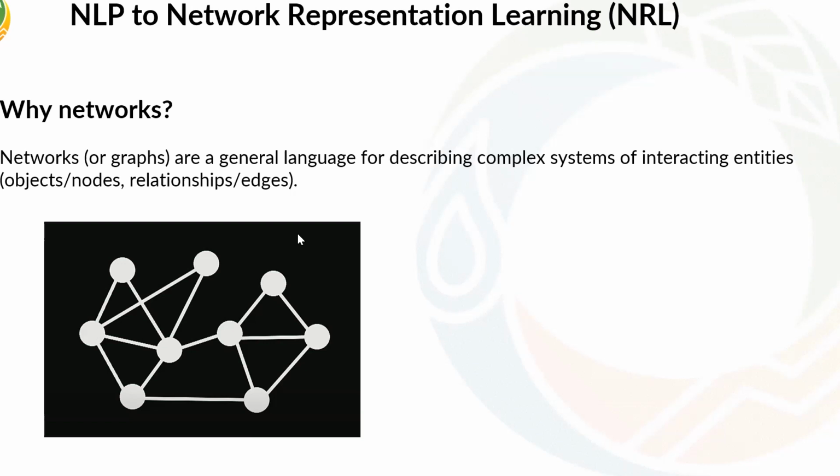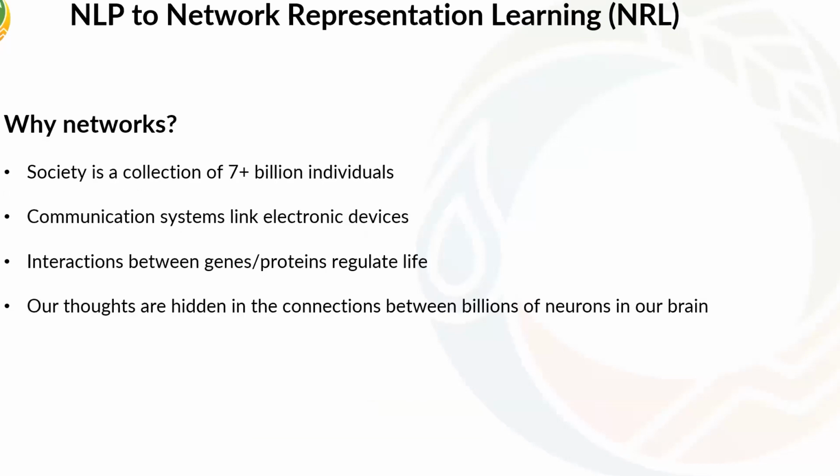So very often, networks and graphs, objects and nodes, relationships and edges can be used interchangeably. And there's a subfield in computer science and mathematics that focuses on graph theory to analyze this kind of data type. A lot of real-world scenarios can be modeled as graphs or networks. For example, our society is a collection of more than 7 billion people.